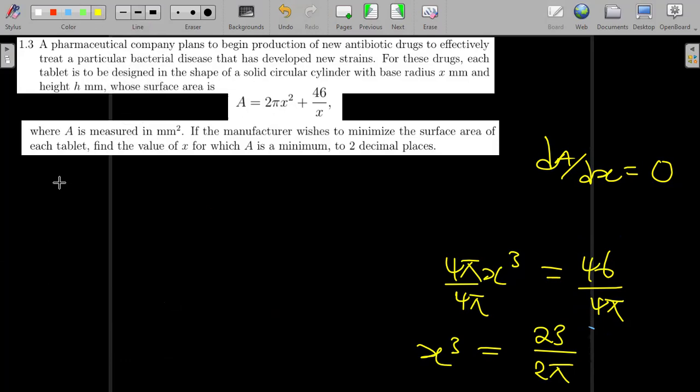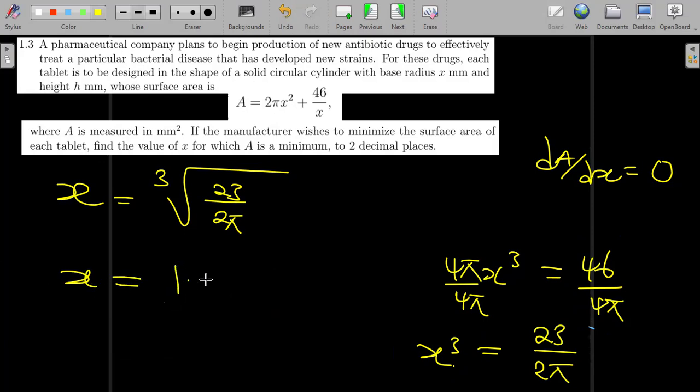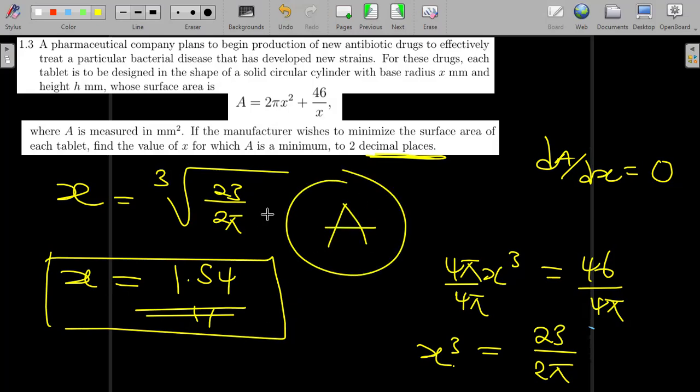So x equals the cube root of 23 over 2 pi, because here we have a cube, so if I introduce a cube root, the power 3 goes. You can punch this onto your calculator. It's giving me approximately 1.54. I'll just leave it to 2 decimal places like that, because here they said 2 decimal places. So it means at x equals 1.54, the area will be at its minimum. All right, so that's how we solve question 3.